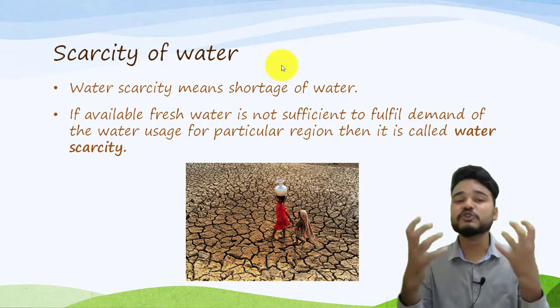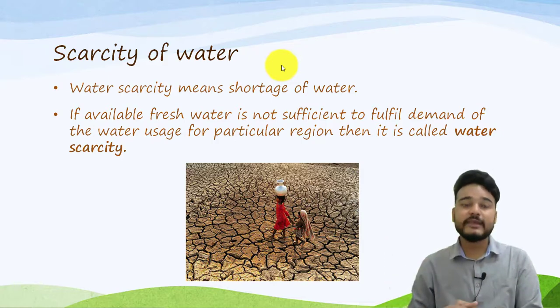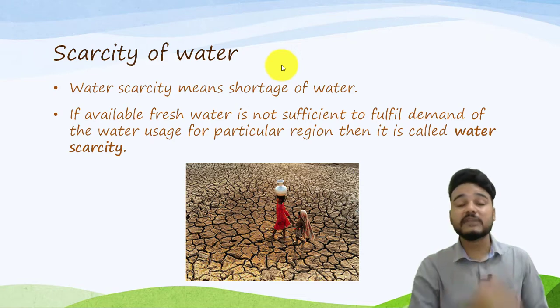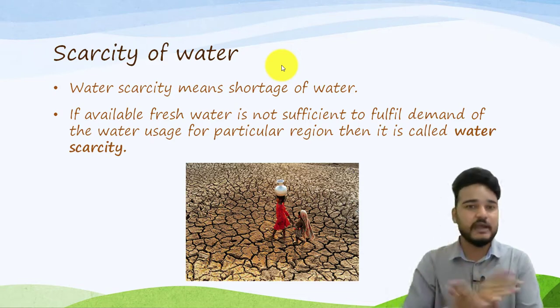So when we have a shortage of water, that situation is called a drought, or we can say scarcity of water. What is the spelling of scarcity? SCARCITY.